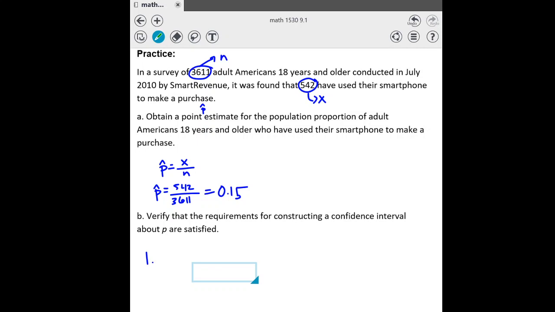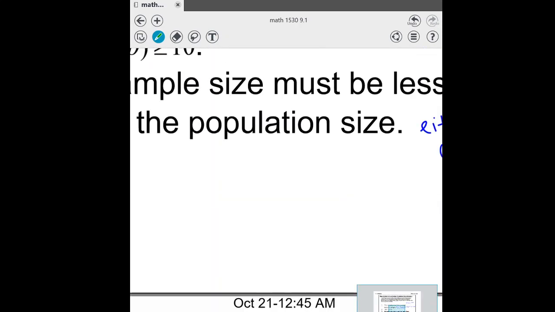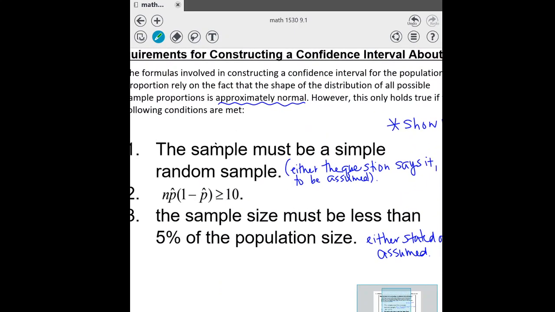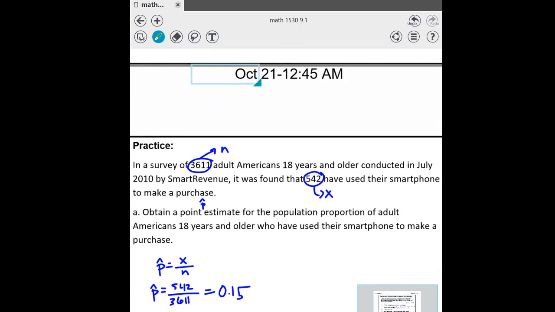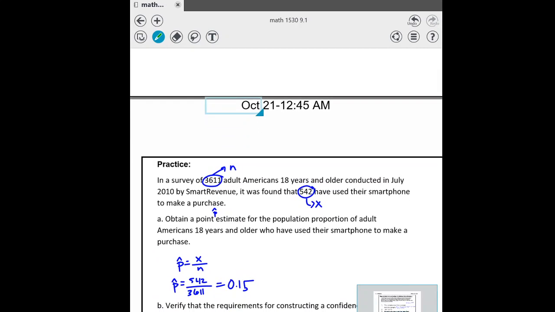It wasn't a really good stopping place, but right now we're trying to verify the requirements for constructing a confidence interval, and the first requirement is that the sample must be a simple random sample. And I think maybe the last thing I said before my computer freaked out was that if you read the question, it doesn't actually verbally say that it's a simple random sample.